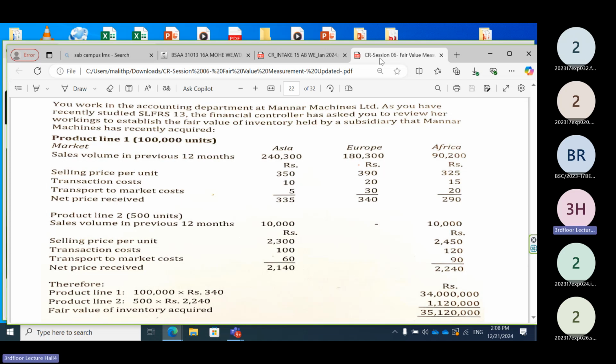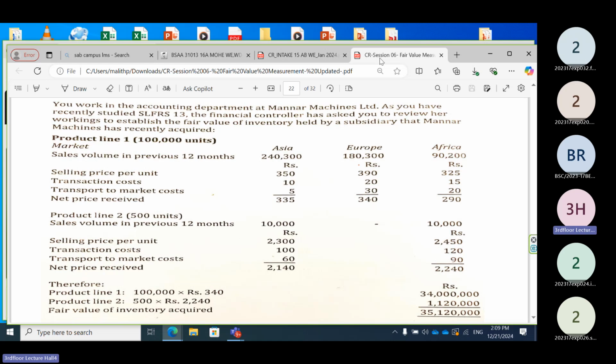Yeah, they have given the fair value of inventory acquired. What they have done is for product line 1, they have multiplied 100,000 into 340. They have used the Europe market, right? And for product line 2, they have used the highest value from the markets, 335, 340, 390. They have taken 340 for their valuation.